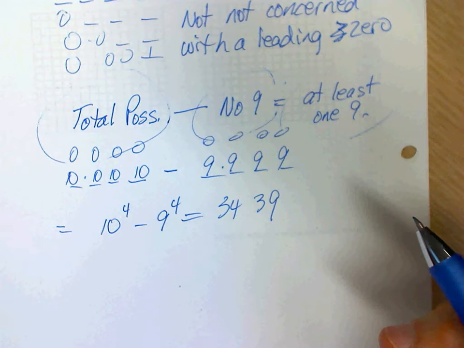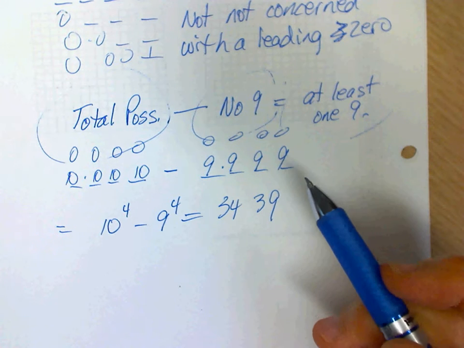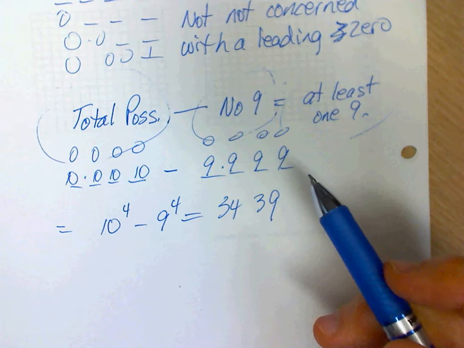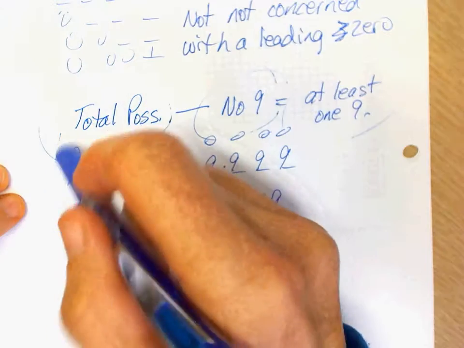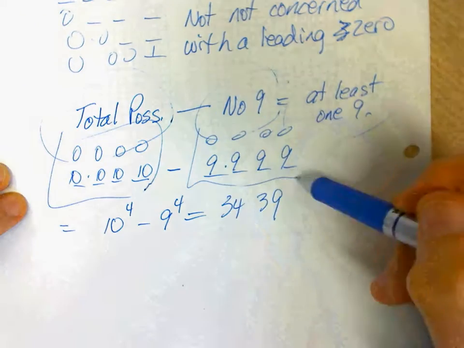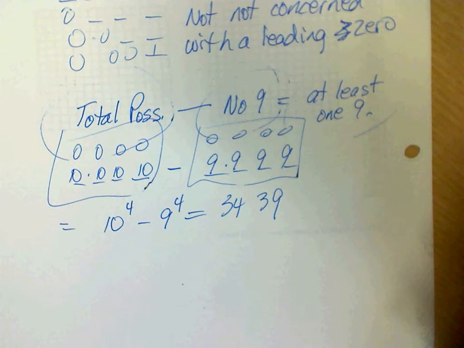How many natural numbers less than 10,000? Yeah, 10,000. It's the total number of possibilities, right?